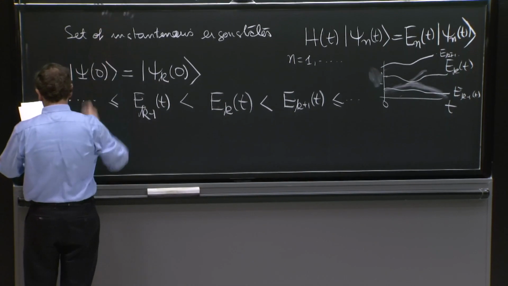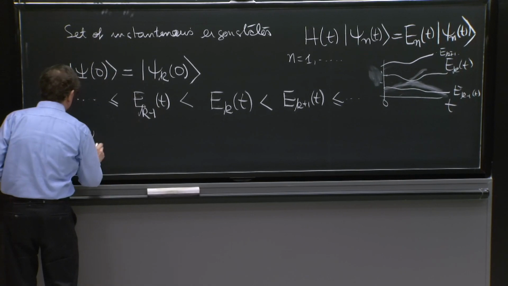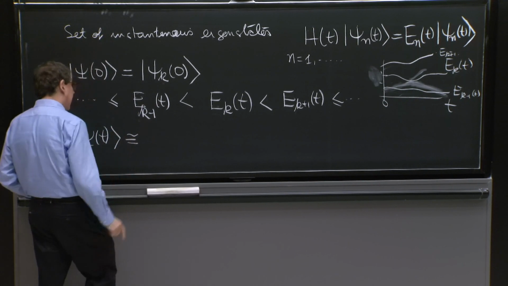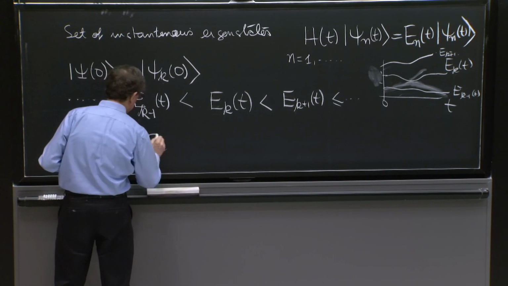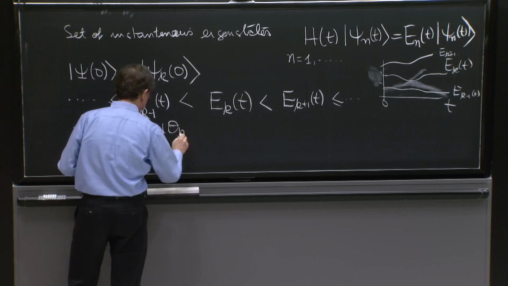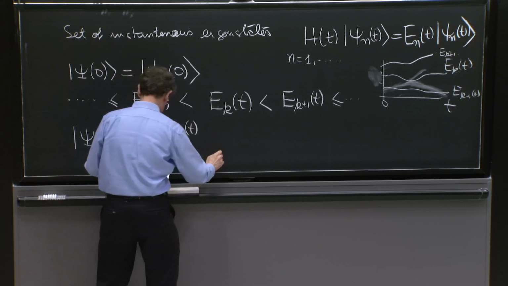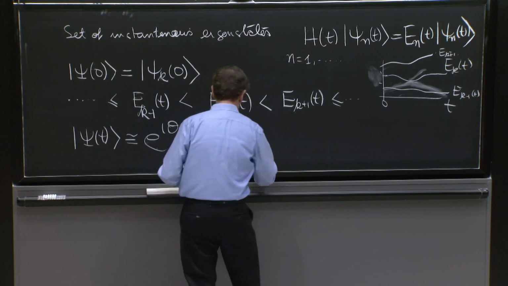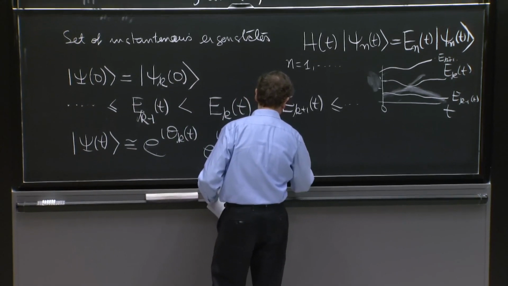Then the adiabatic theorem says that psi of t will be approximately equal to e^{iθk(t)} e^{iγk(t)} times psi k of t.